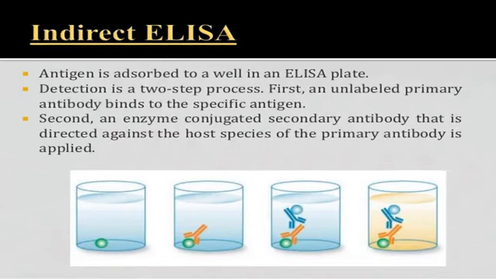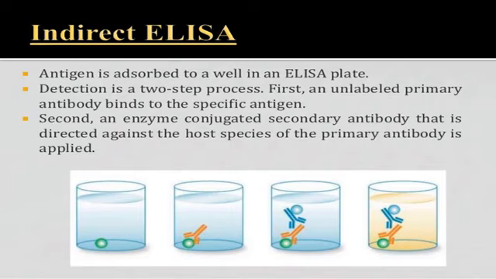Indirect ELISA technique. In this situation, the wells of the microtiter plates are coated with a known antigen. Here, the antigen is marked or colored in green. Then the antibody to be tested is added against the antigen, and if the antibody is specific against this antigen, it will bind to it.